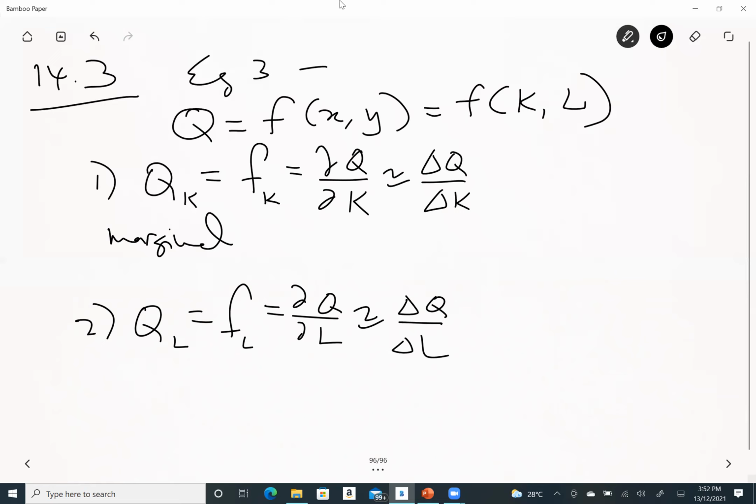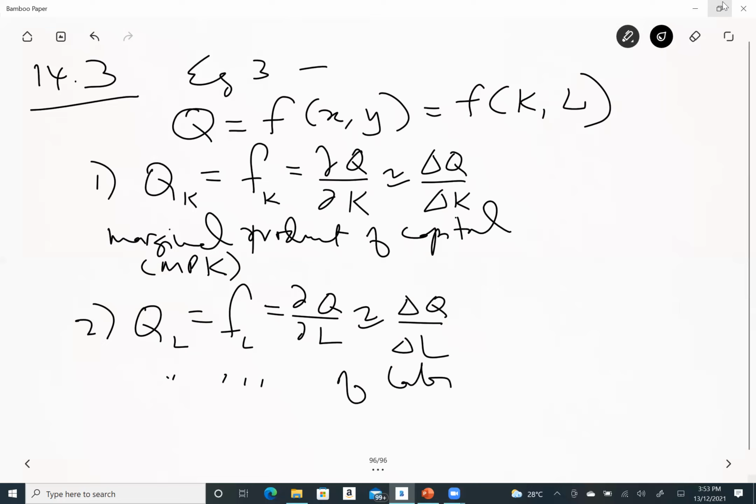Anybody remember? Marginal product of capital, or MPK. And then the second one will be the marginal product of labor, MPL. So it's just the derivative of the function with respect to K and with respect to L.